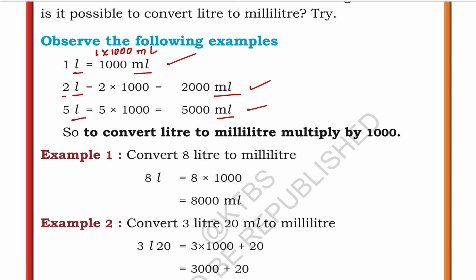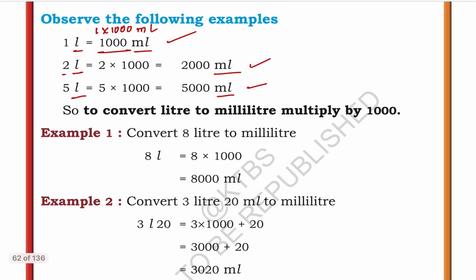Whatever the number, 25, 30, 35, 50, 70, 80, just multiply it by 1000 and it will get converted from liter to milliliter.